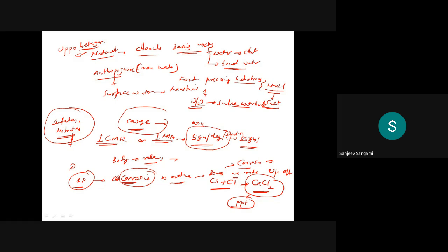This precipitate is going to accumulate wherever there are spaces. For example, in the bone, wherever there are joints, there is space, and in that space it is going to accumulate.